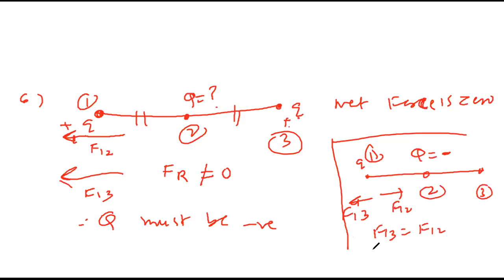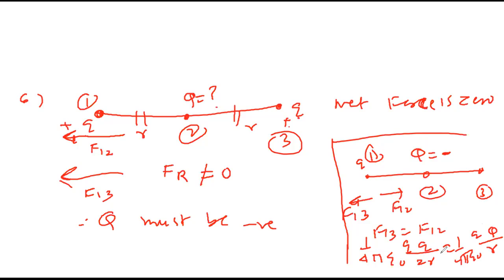Yes, sir. So this will be 1 upon 4 pi epsilon naught q into q3 is q. Distance, suppose I take this R and this R, so total 2R. Then 1 upon 4 pi epsilon naught, 1 is q and 2 is capital Q in magnitude, upon distance R square.